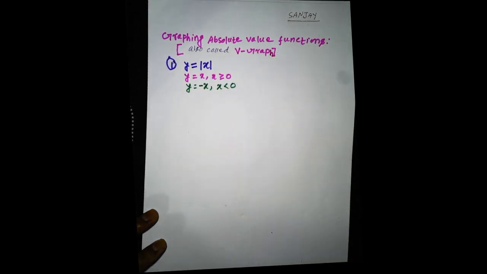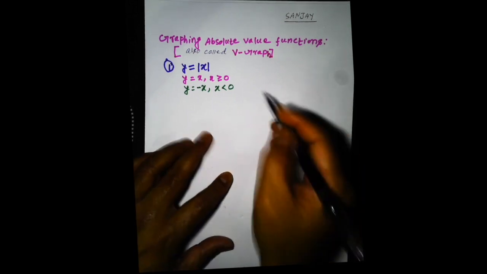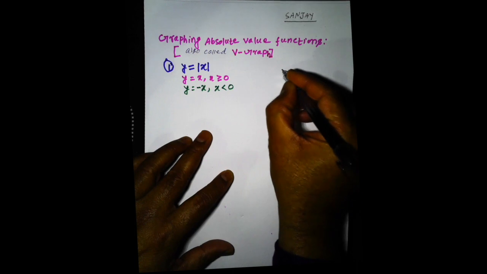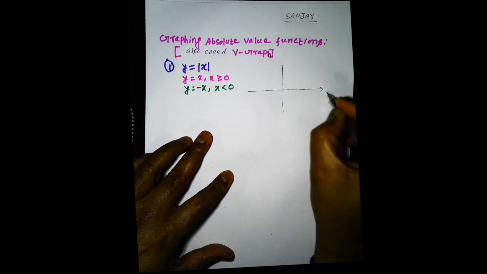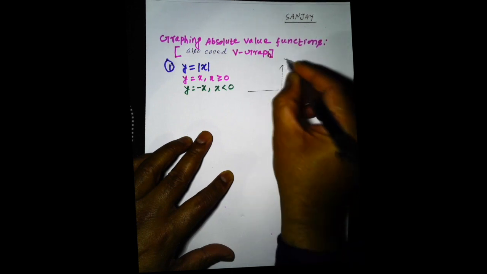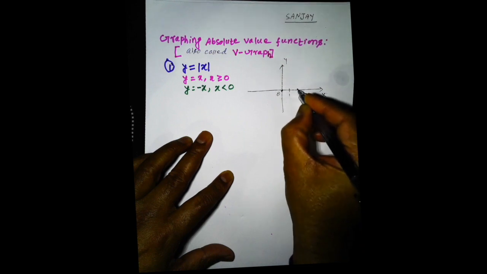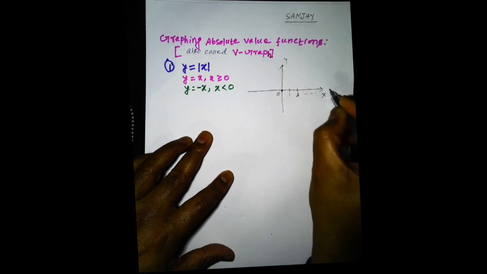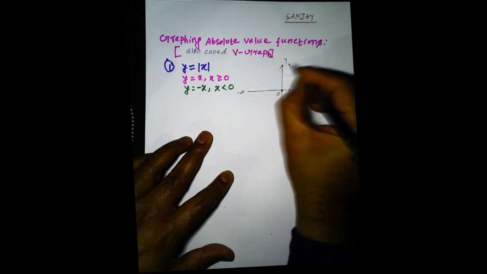So let's see here. We shall take one rectangular axis and then we can see how it can be done. So here I'm drawing a graph. Along this it is the x-axis and this is the y-axis. If you start from 0, it goes from 1 and up to positive infinity to the right. Similarly, towards the left it will be negative infinity, towards up it will be positive infinity.